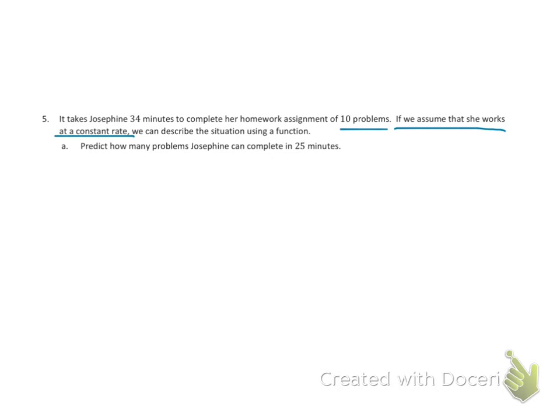Okay, so predict how many problems Josephine can complete in 25 minutes. So pause the video and think about that. I'm not asking you to solve it. Just make a guess, make an estimate of how many she would complete in 25 minutes.